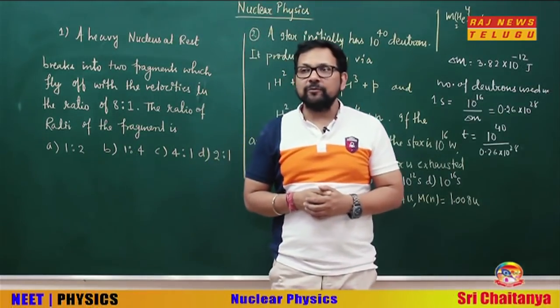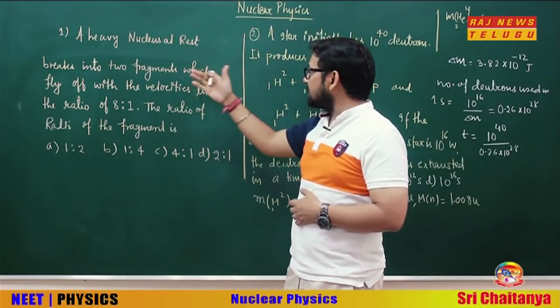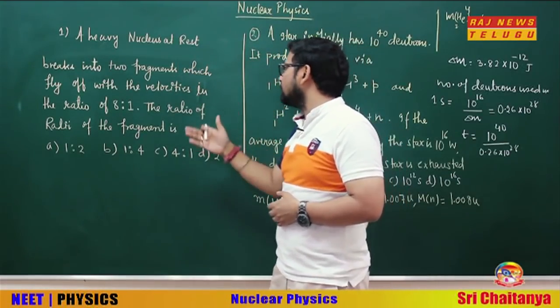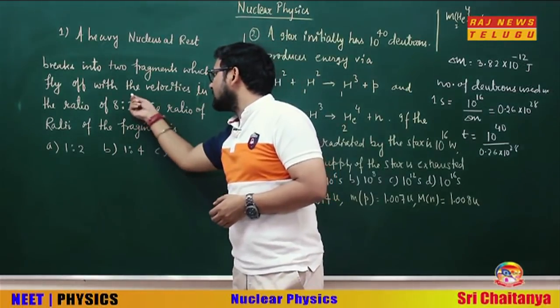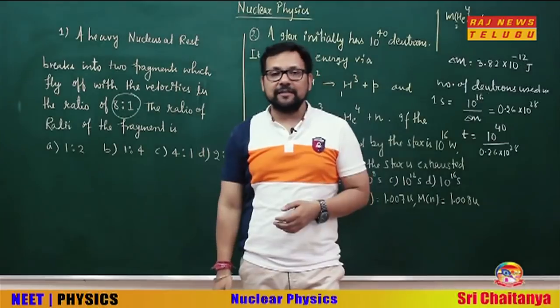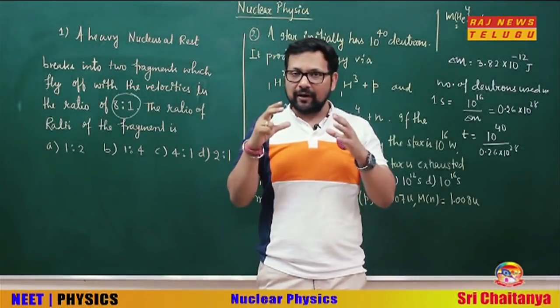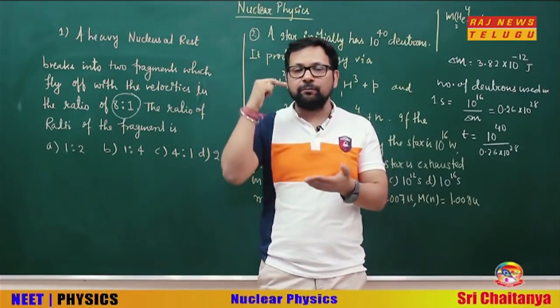The first problem to start with: a heavy nucleus at rest breaks into two fragments which fly off with velocities in the ratio 8:1. The ratio of radii of the fragments is? In this question, first you have to deal with the basic concept.